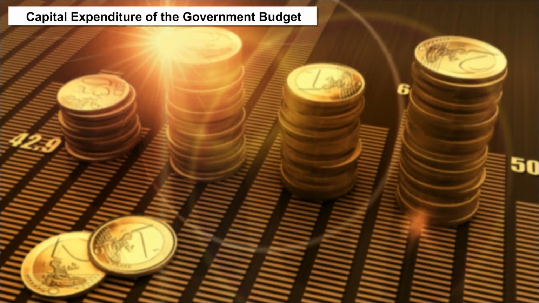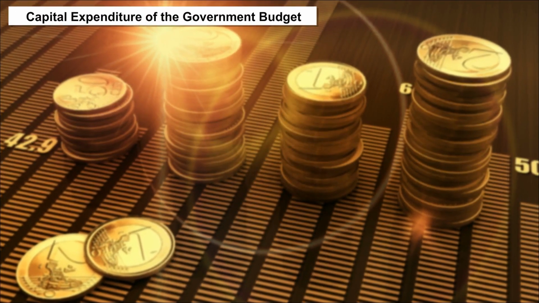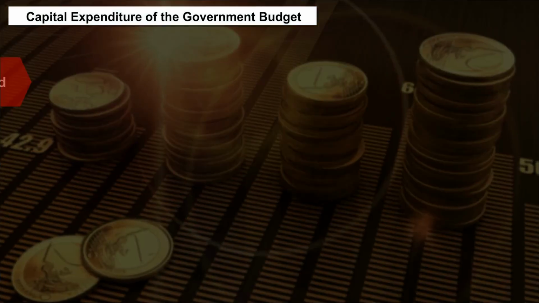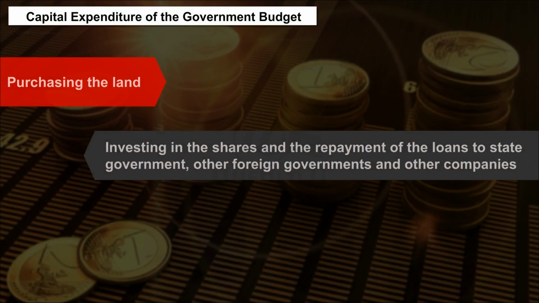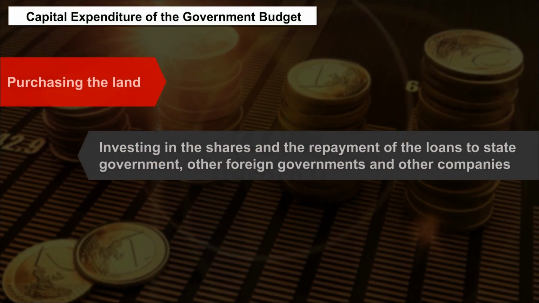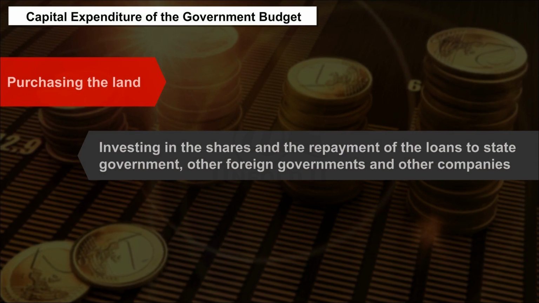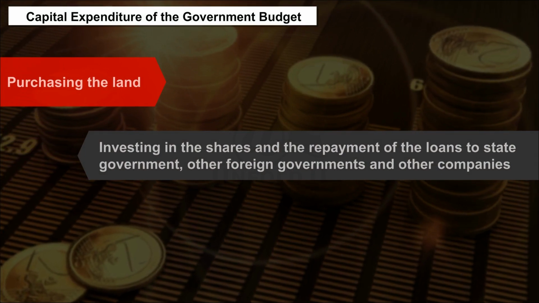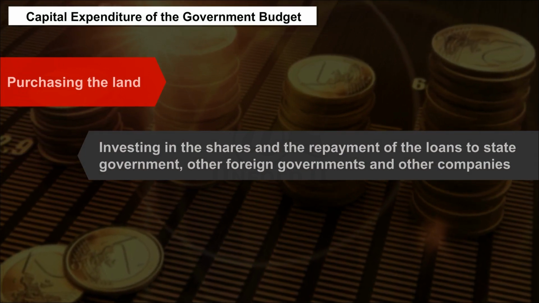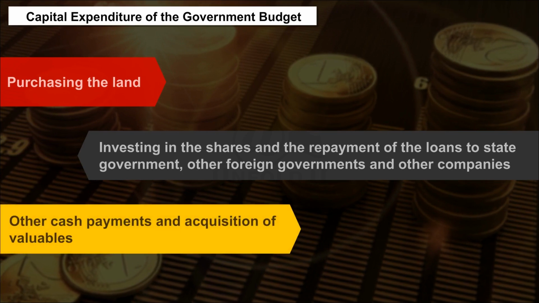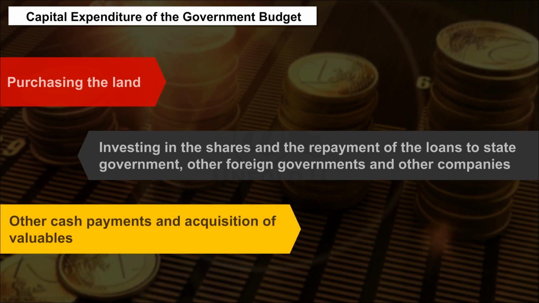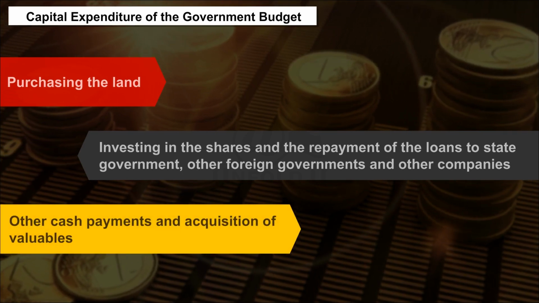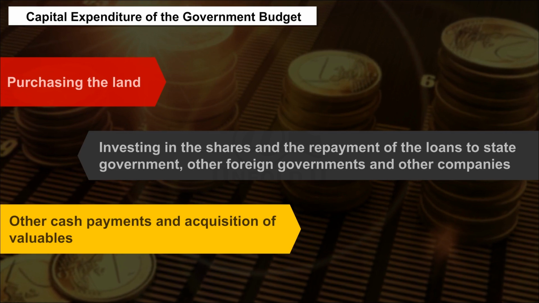Capital expenditure of the government budget. The expenditure for purchasing land, investing in shares, and the repayment of loans to state governments, other foreign governments and other companies, other cash payments, and acquisition of valuables are capital expenditure.